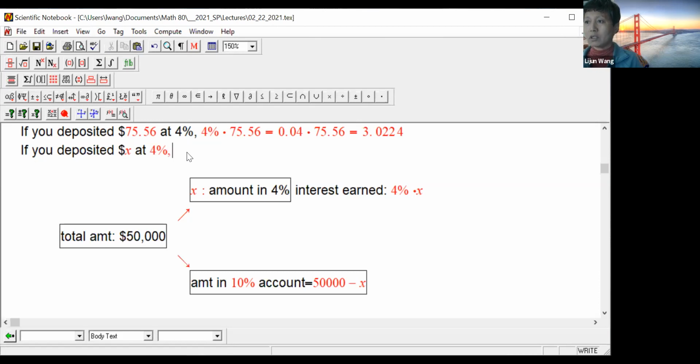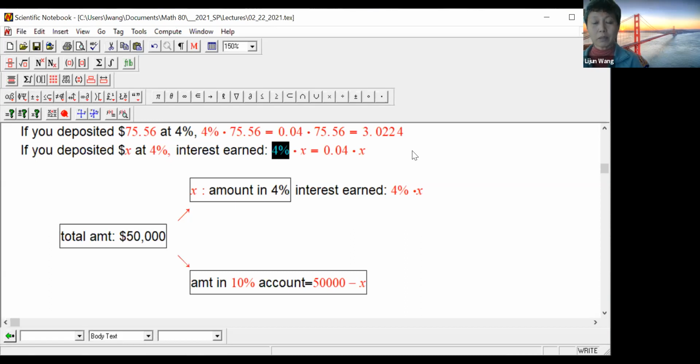The interest earned is you just take the X dollars and multiply by 4%. So 0.04 times X. Do you guys follow me? We have just derived a formula.